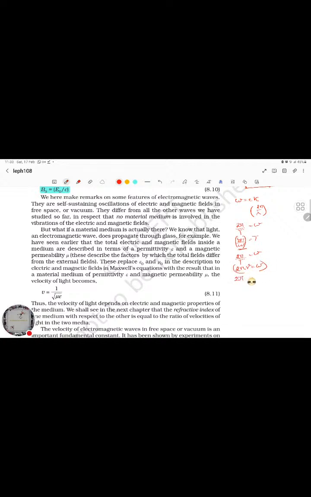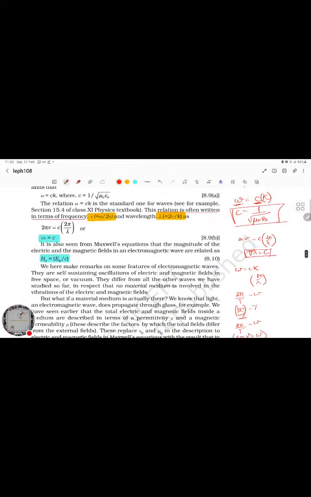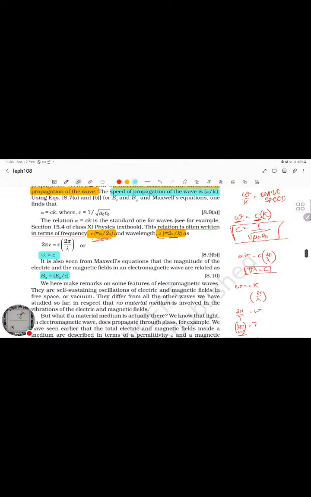That's how we obtain this particular factor. But we do not have any validation for why c is equal to 1 by root of mu naught by epsilon naught. I think we will have to derive it on our own.